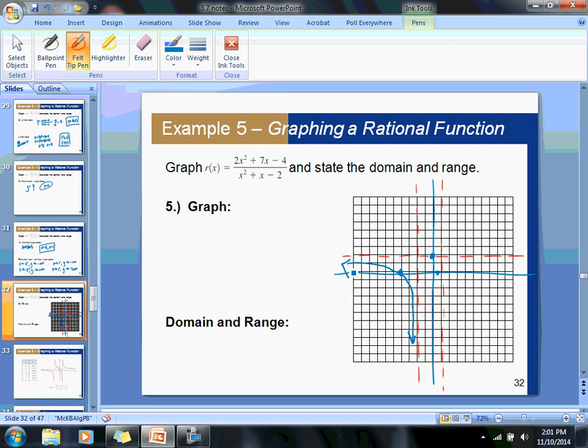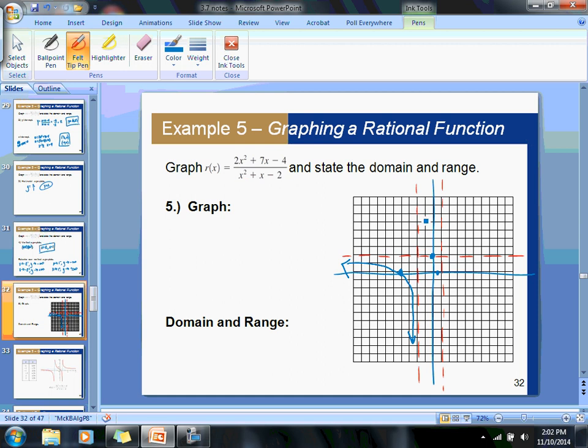Okay, and if I test a value next to negative 2, but on the right side of it, so I want to pick like negative 1 or like negative 1.5. If I plug negative 1 into this original function, I'm going to get a value out that's greater than 2.